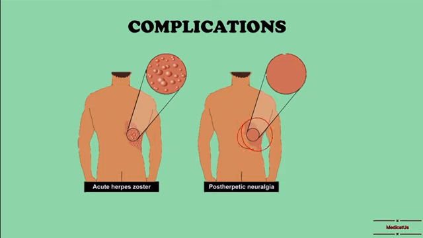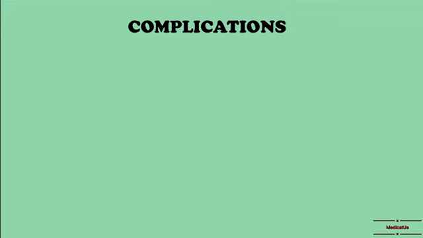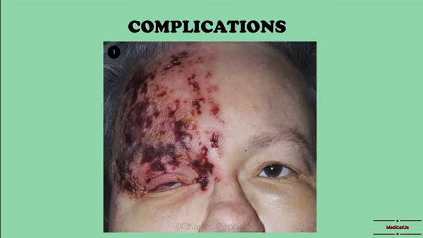Here, there will still be pain at the local site. Now, the next complication is zoster ophthalmicus. This is the involvement of the trigeminal ganglia, and the dendritic ulcers will be present.